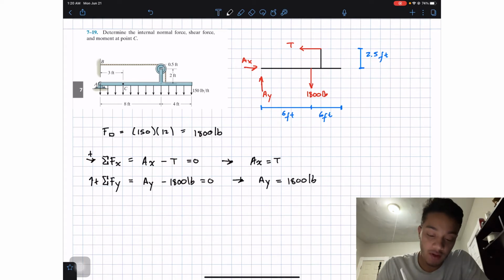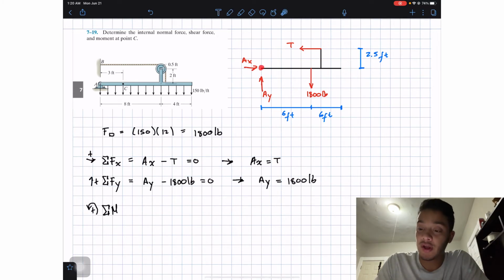The last thing that we're going to do is apply the summation of moments. Counterclockwise is positive, and I'm going to choose my point A, that way I can cancel Ax and Ay, and the only unknown I have is T. So what do we have? These 1800 pounds will want to rotate me clockwise, so I get negative 1800 pounds multiplied by the distance, which we figured out was 6.